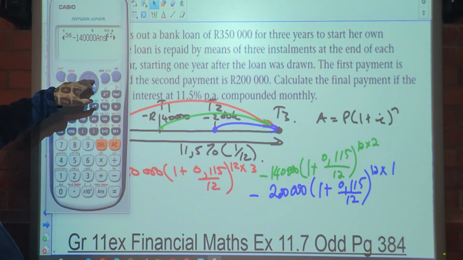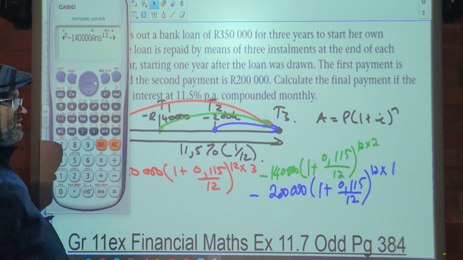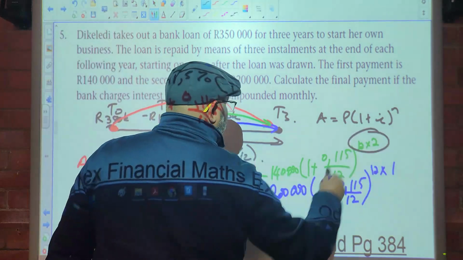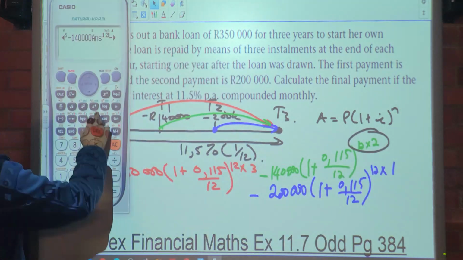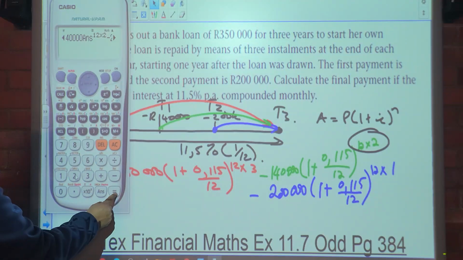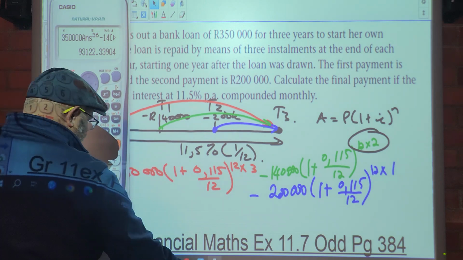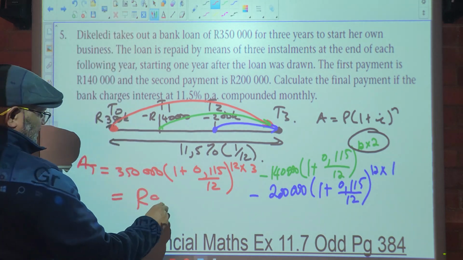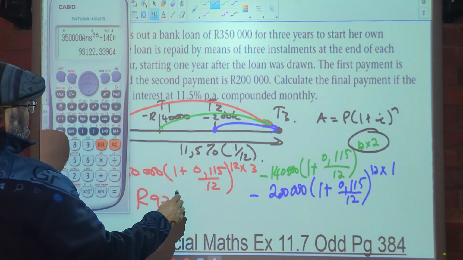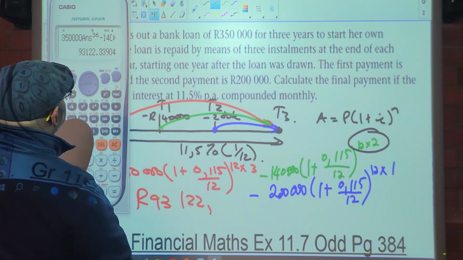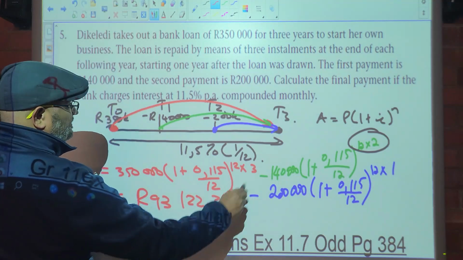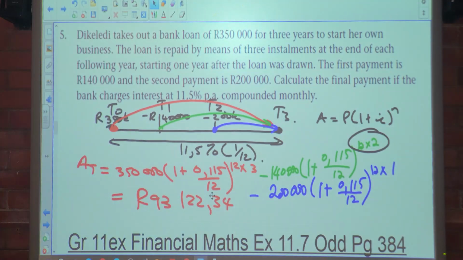I just retyped the answer in. So it's times 2, I didn't multiply that by 2. So it must be 24. That gives you 93,000. Thank you. 93,122.34. Sorry about that. So there we go.